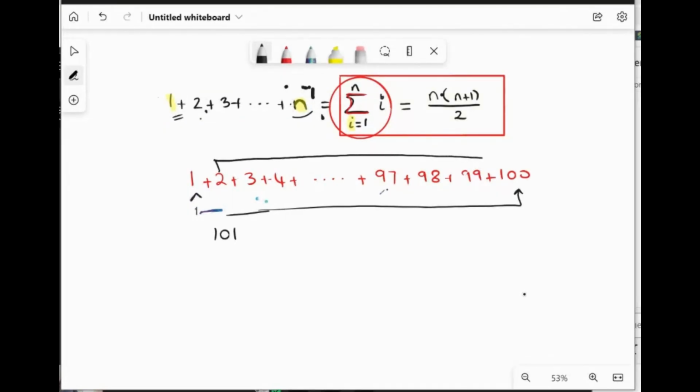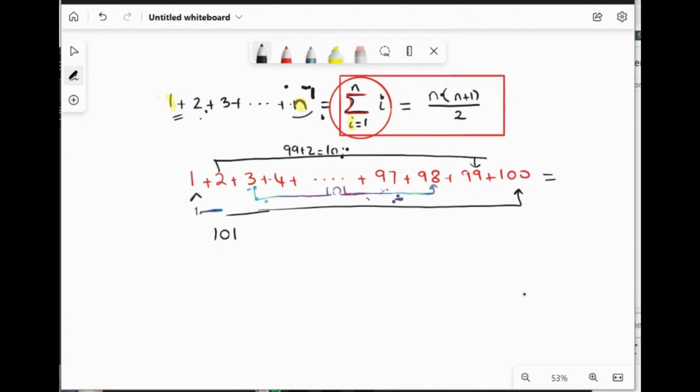If you add the second from the first and the second from the last number, this is 99 plus 2, which is also 101. And if you add the number third from the first and third from the last, 98 plus 3, this is also 101.